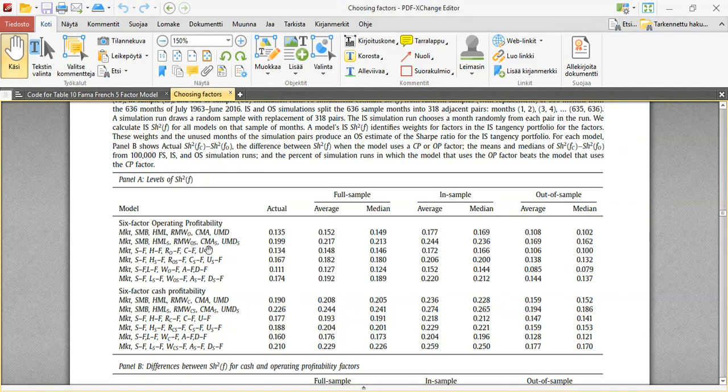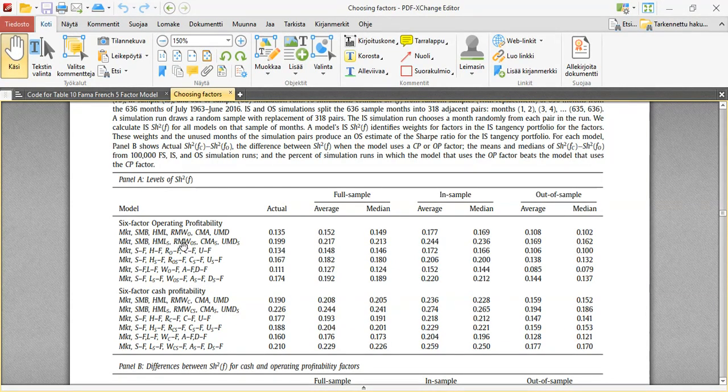In the second line, we see a 6-factor model that uses the excess market factor, size factor, and small spread risk factors. For the value factor, small spread: we use just small stocks and implement the value factor.